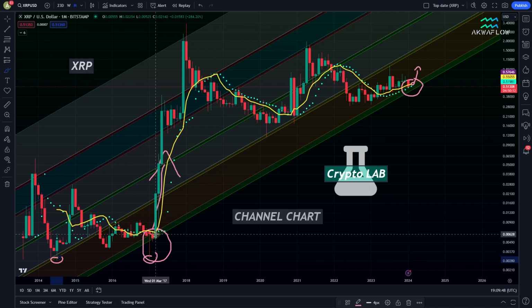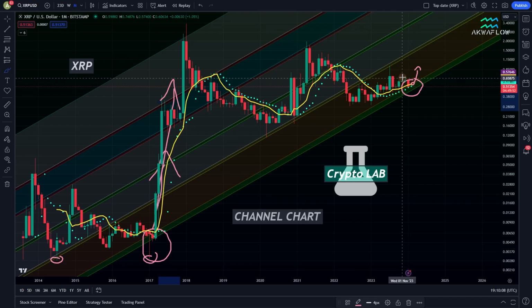But 2 candles after this, we went up to the moon. So we have a beautiful setup for the next bull run. But for history to repeat, XRP needs to go up in the coming weeks. Now you have a complete picture of what's currently going on. You know the bullish signs, the bearish signs, and why I think that a great move will come before April.